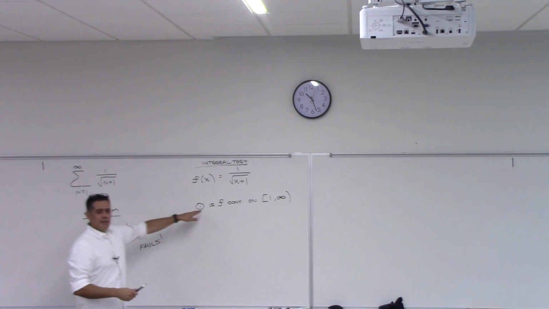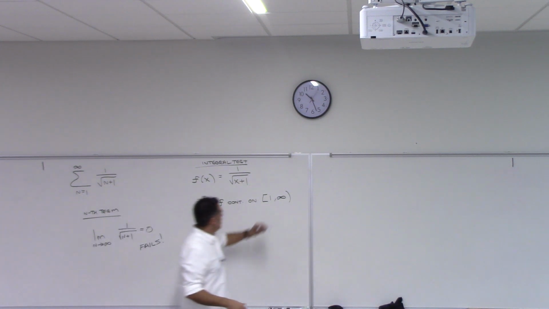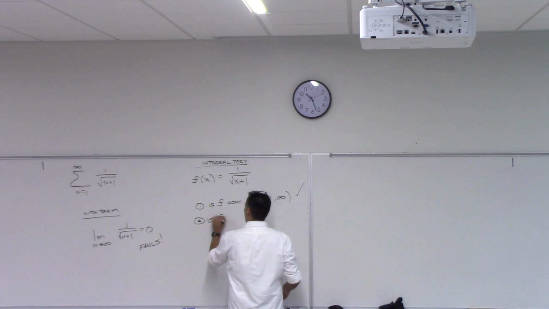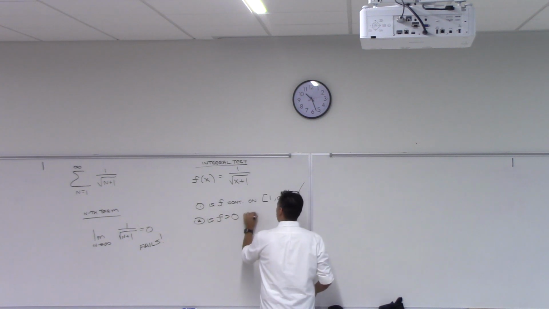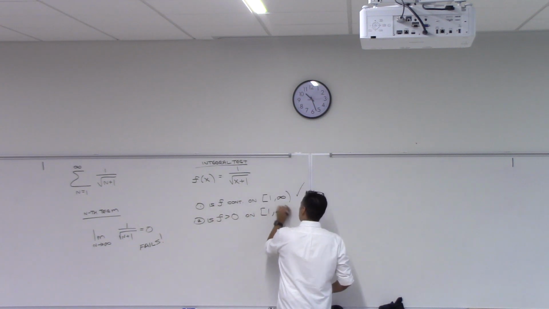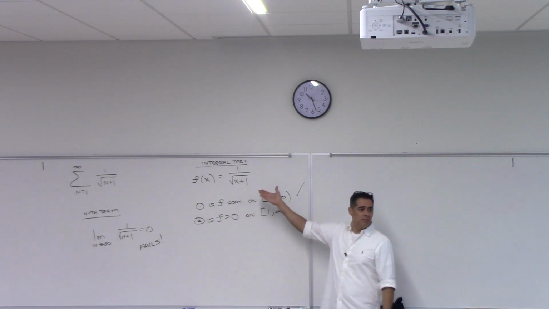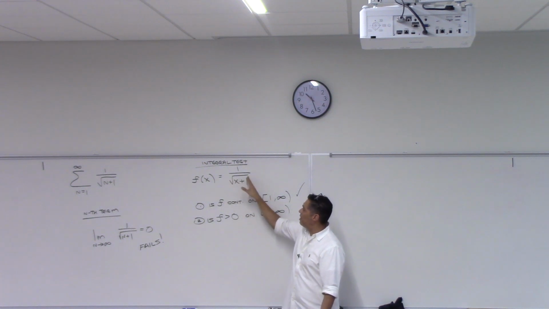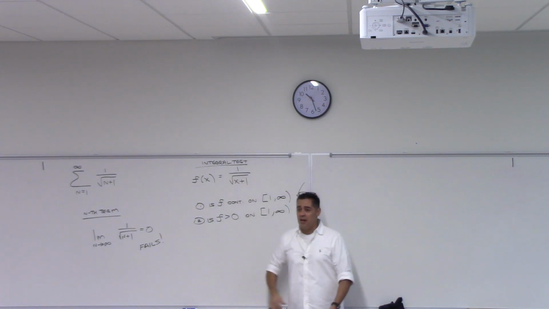So this is good. Is it continuous? Yes. Next, is f positive, greater than 0, on the interval 1 to infinity? Am I always going to get positive numbers out? Yes, because I'm plugging in numbers from 1 to infinity. The square root of a positive number is positive, and 1 divided by a positive number is positive.